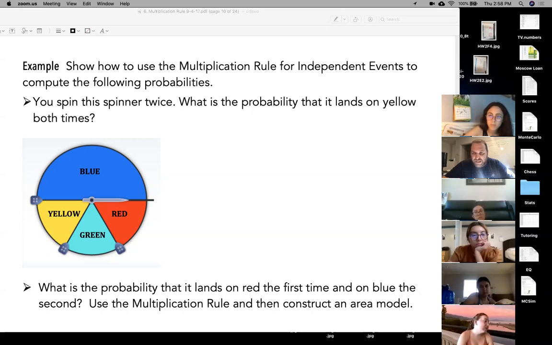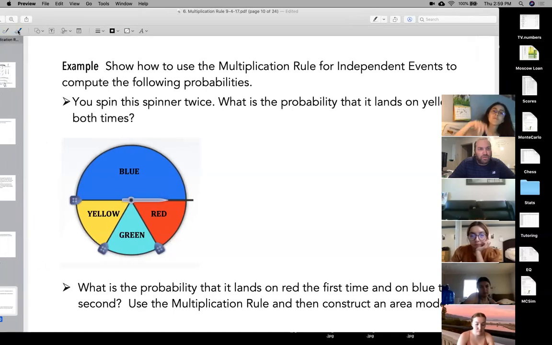Okay. Now, if it's a 1/6 probability that the first one lands on yellow, what's the probability that the second one lands on yellow? Also 1/6, right? They're both 1/6. So by the multiplication rule, what is the probability that they both land yellow? 1/36.